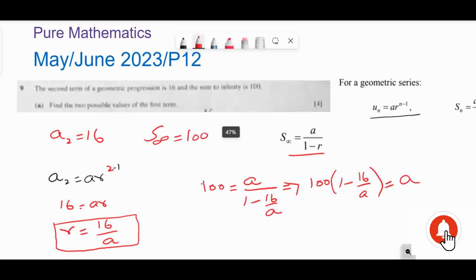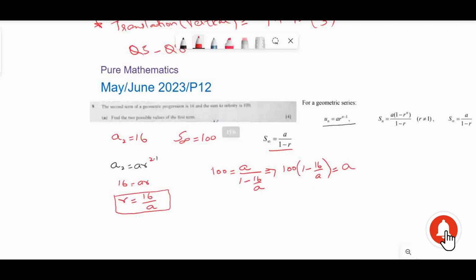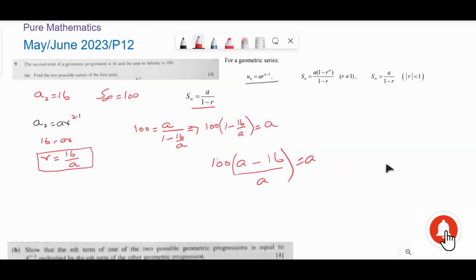Now further, we can take the LCM. So this will be 100 into (A minus 16) divided by A is equal to A. Now we can move this to this side.